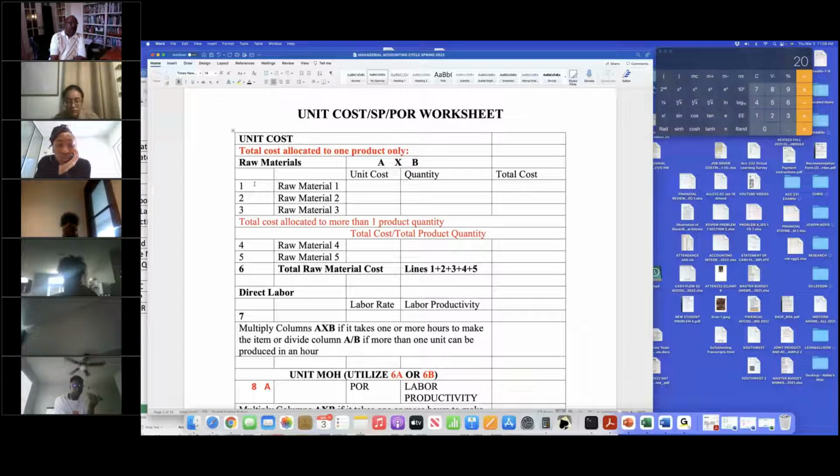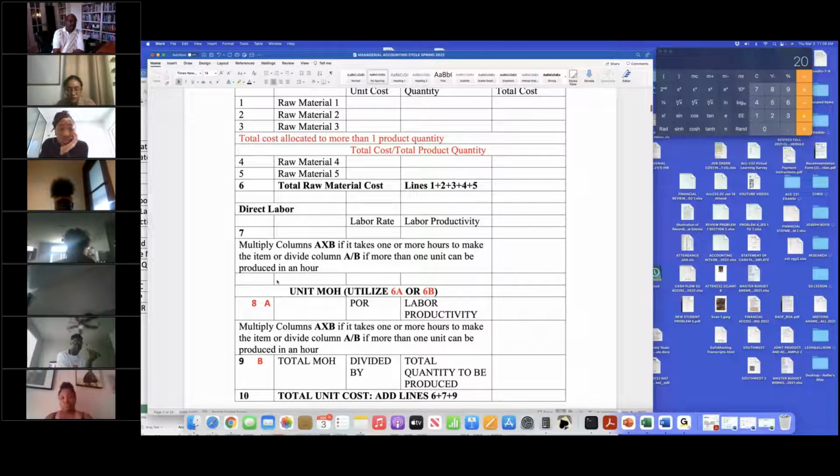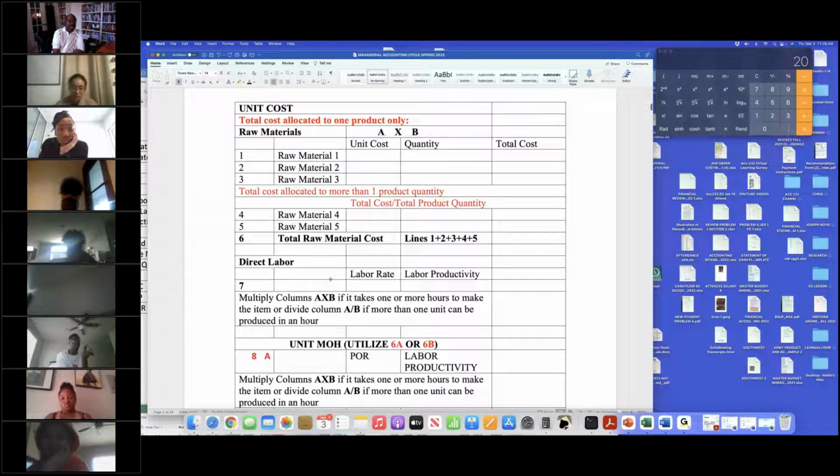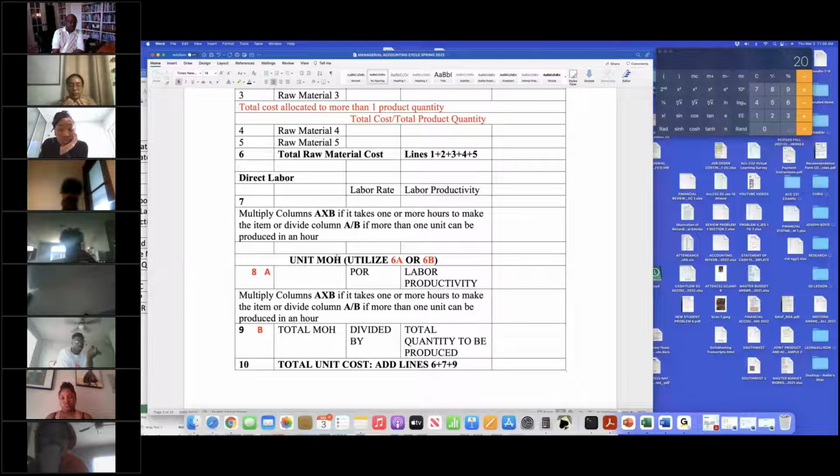So there's always three costs: raw materials, direct labor, and the manufacturing overhead. And I gave you a simple way to get the manufacturing overhead: take the total overhead and divide it by the total quantity to be produced.